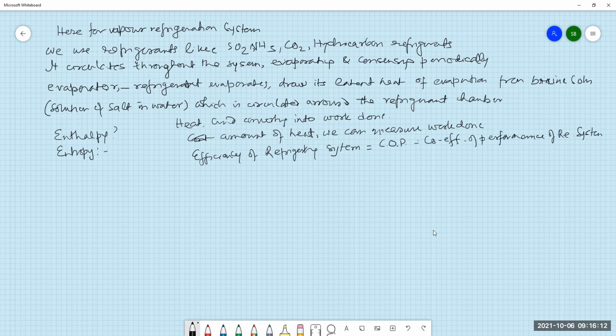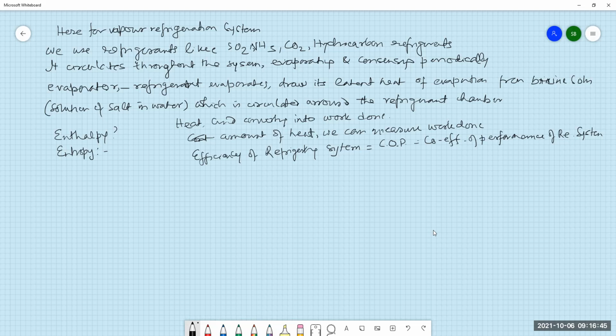So how long you will run a motor to run the compressor, and what the capacity of the motor will be, will give you the exact amount of energy you are putting in, and what is the fall in temperature, and how long you are keeping your refrigerating system at this low pressure. It is supposed to be given by this COP. Unless it is properly efficient, it is useless to run the system itself.